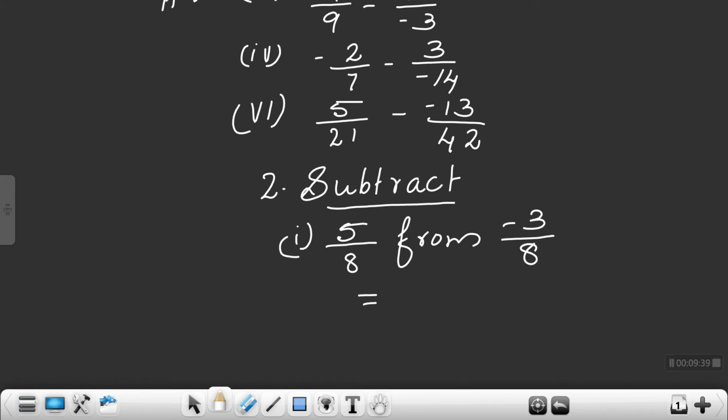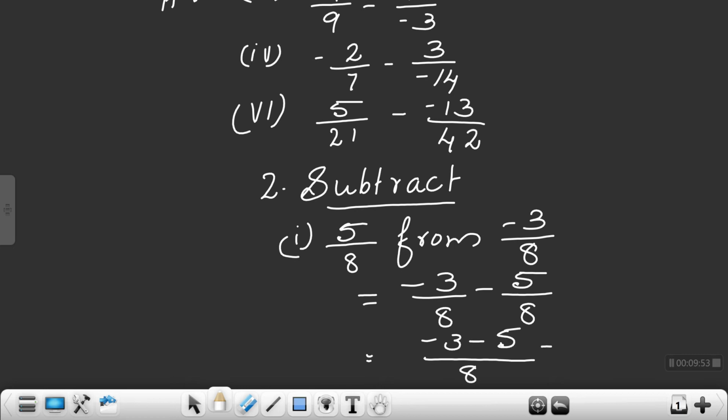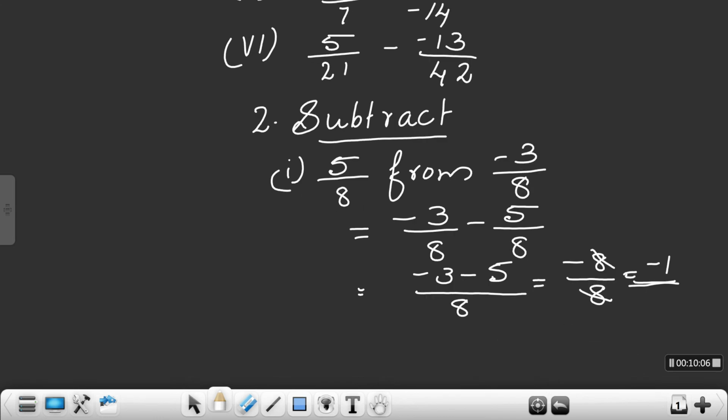First we write the meaning of the question: negative 3 by 8 minus 5 by 8. Same denominators, take the common denominator. Negative 3 minus 5. In the numerator, two numbers having the same sign, add and put the common sign. Negative 8 by 8. So our answer is negative 1, as 8 cancels.